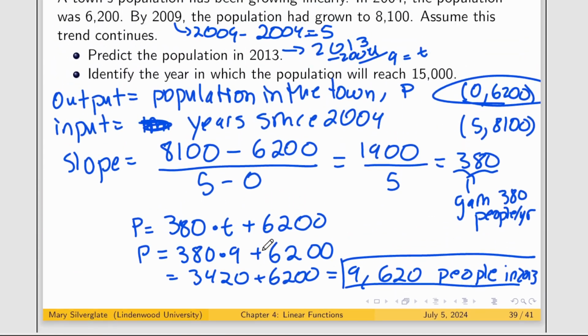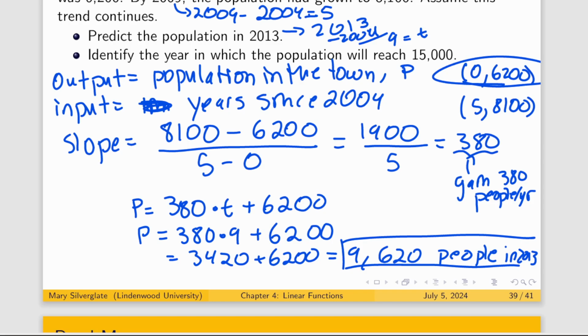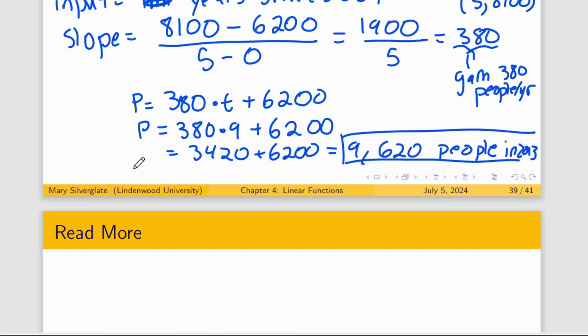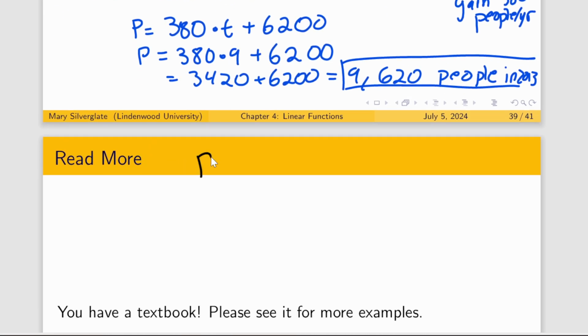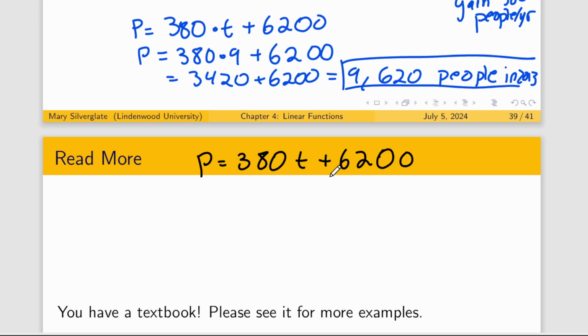If you want to identify the year in which you'll reach 15,000, now they're giving us what P is, and they want us to find the time. In order to work the other way around, we still have 380 times time plus 6,200, but now I'm going to plug in that I want the population to be 15,000.